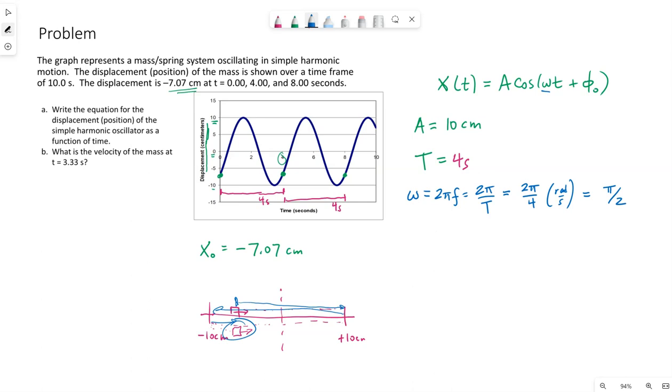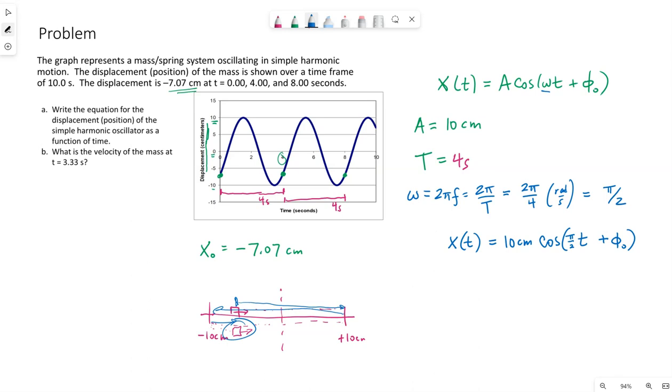So as of right now, we can say that the position of this oscillator is 10 centimeters times the cosine of pi halves t, but we have not yet accounted for this phi naught. And again, the phi naught is the shift.